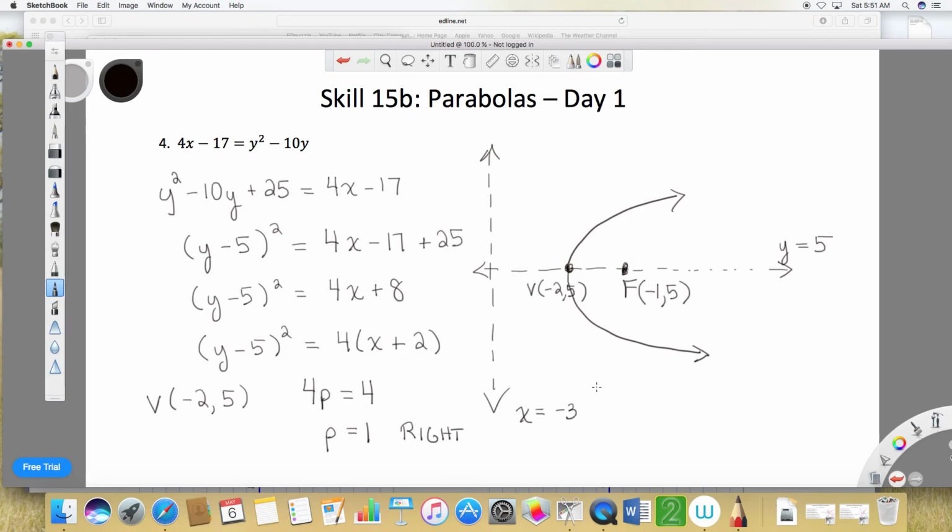So there we have found all 5 things that they wanted. They wanted the coordinates of the vertex, the value of p, the coordinates of the focus, and the equations for both of my lines, the directrix and the axis of symmetry.